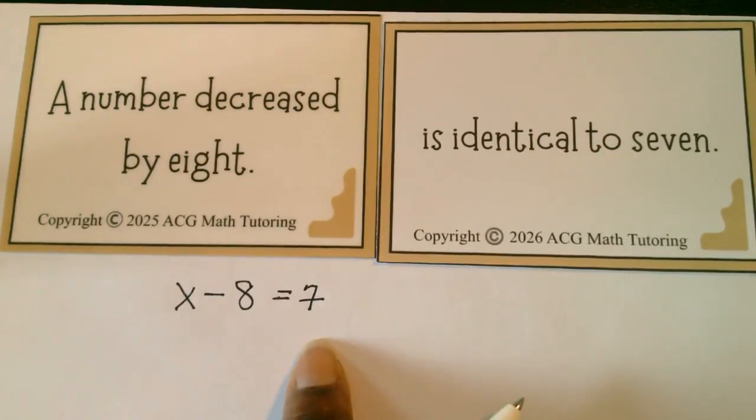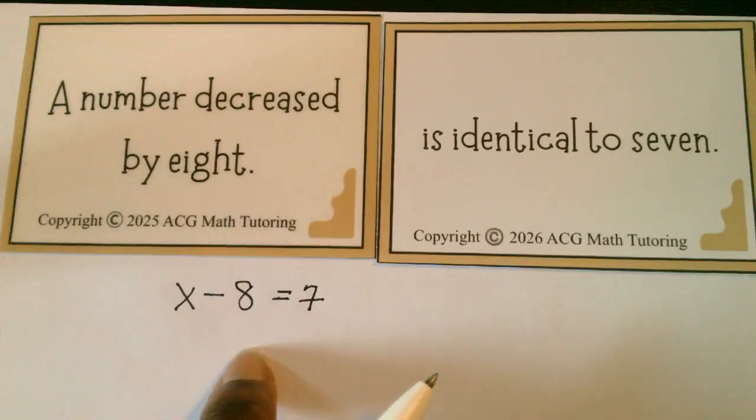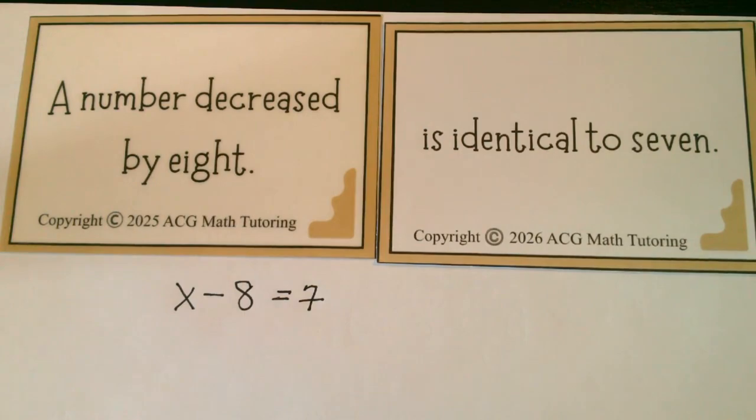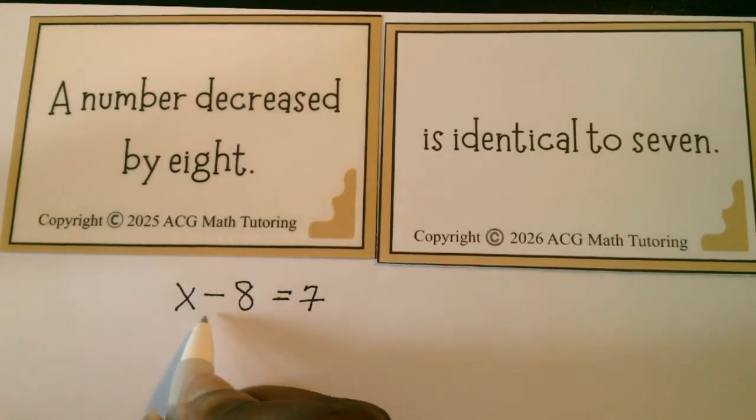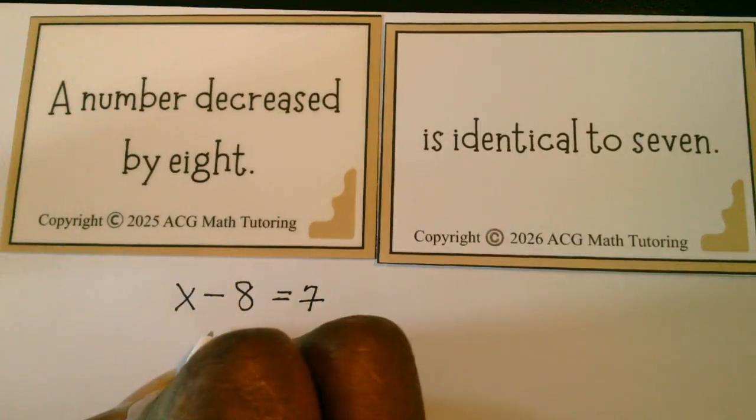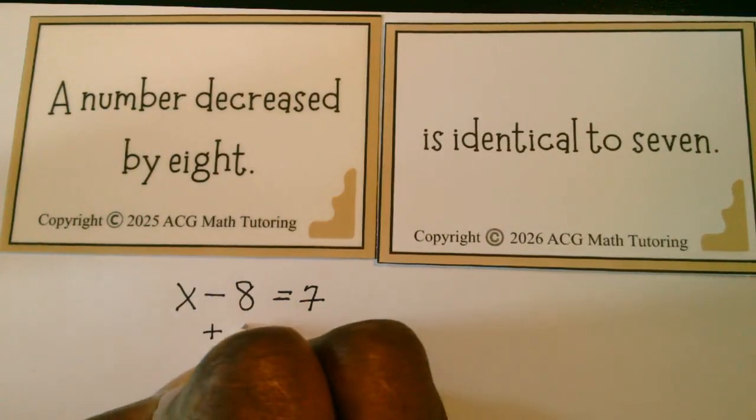So now let's solve this. What do I have to do in order to get x by itself? Yes. Add, there you go. Good. We have to do the inverse of the subtraction. The inverse or the opposite is the addition.